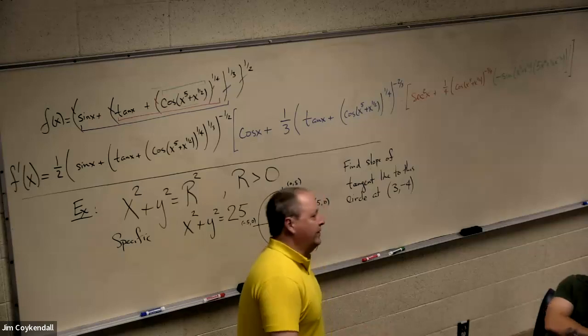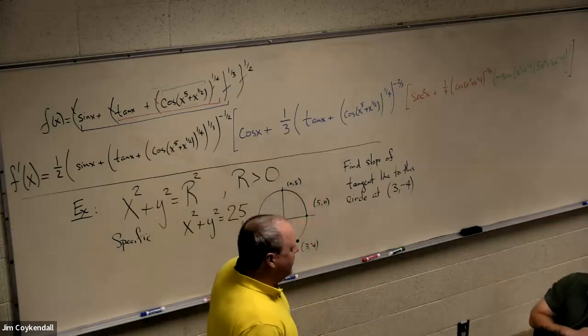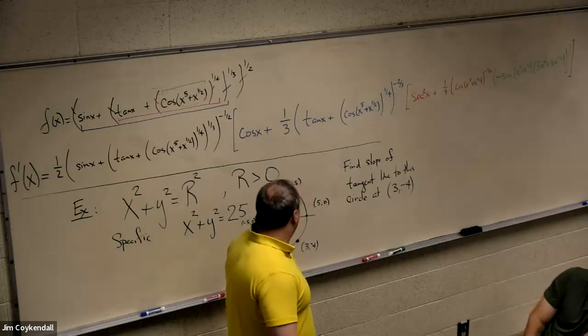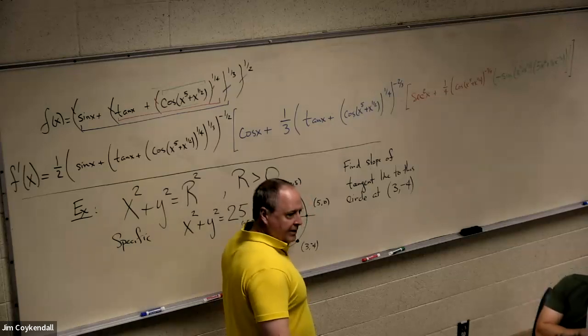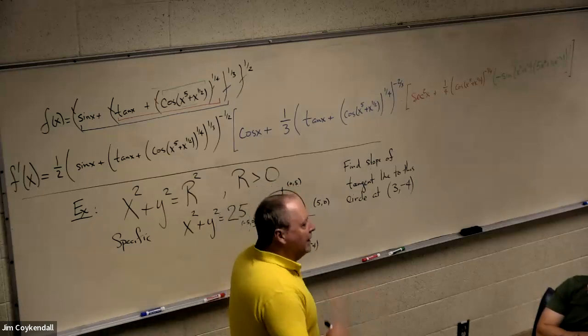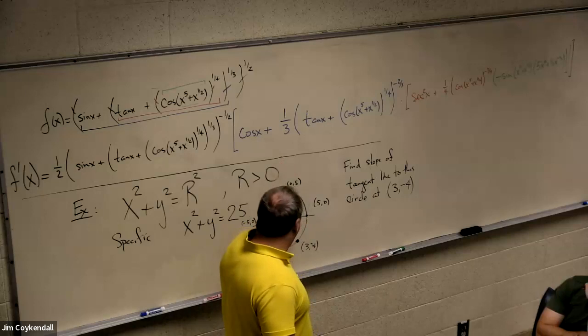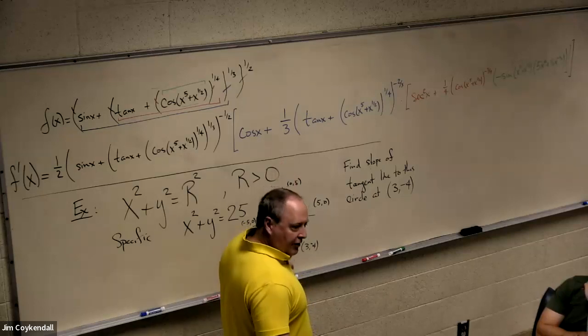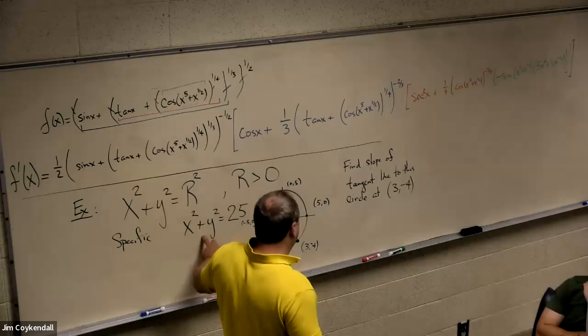You're going to have to use the derivative, right? And your derivative is defined for a function. This is not a function. Somebody tell me why. Notice the y-axis, for example, hits this circle at more than one point. This isn't even a function. And of course, I want a function.